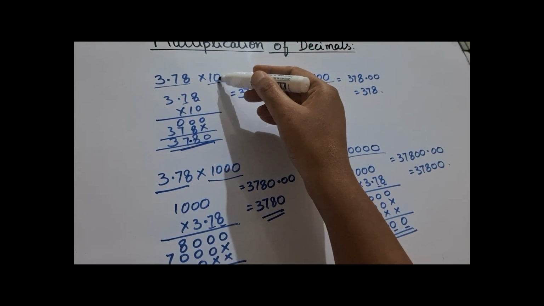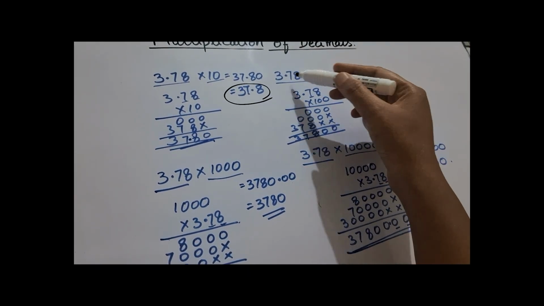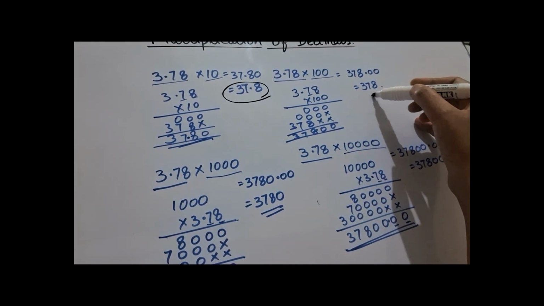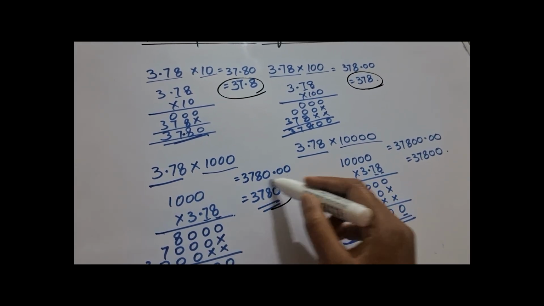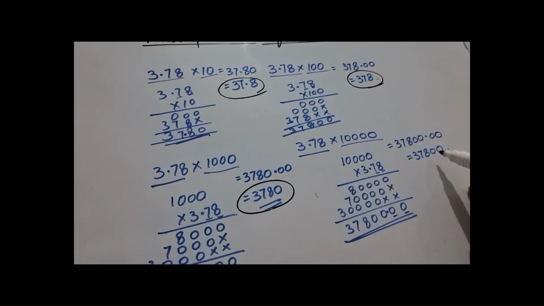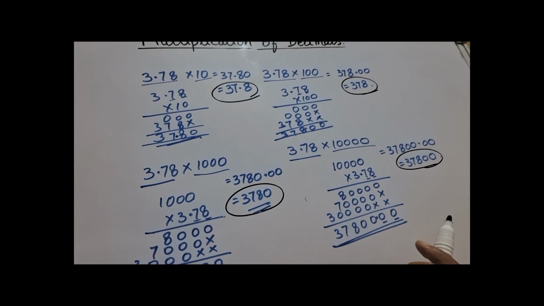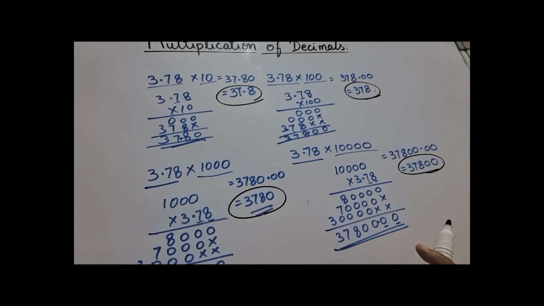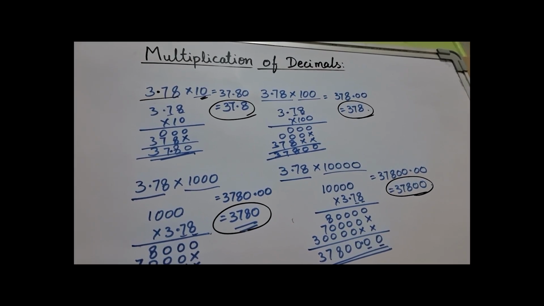Now here 3.78 into 10, we got this answer, and 3.78 into 100, we got this answer, and the same number when multiplied with 1000, we got this answer, and the same number when multiplied with 10,000, we got this answer. Okay children. Now what pattern do we observe here in these answers, children? See, for these four answers, what pattern do we observe?